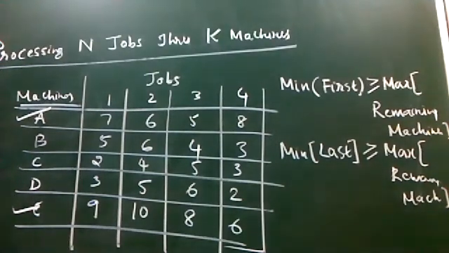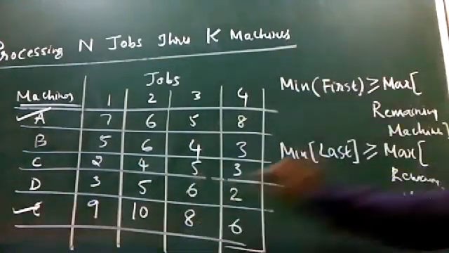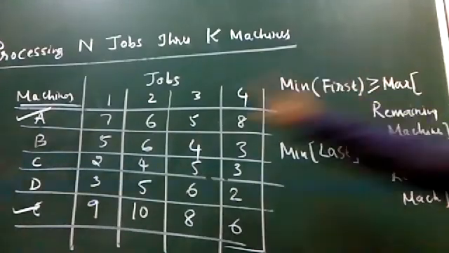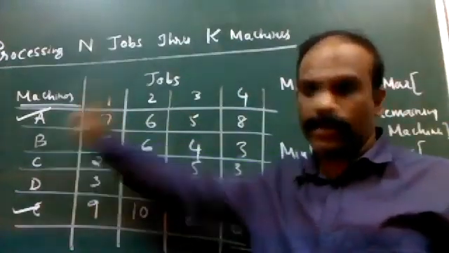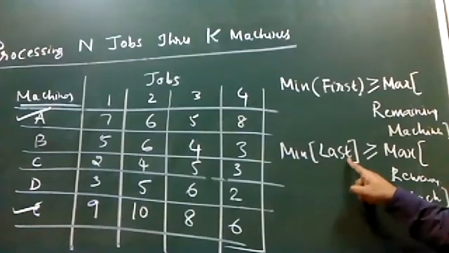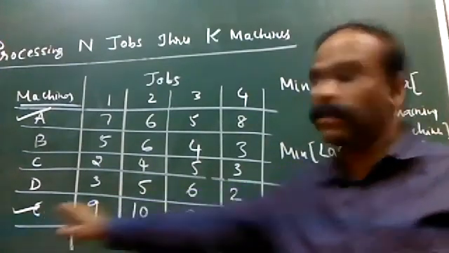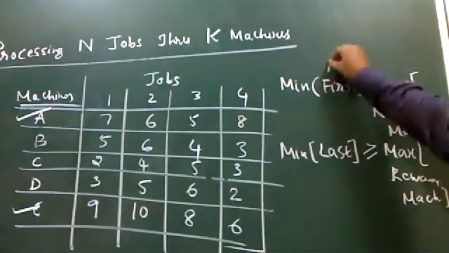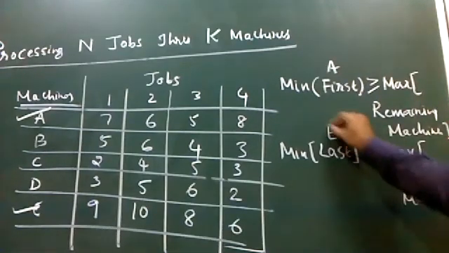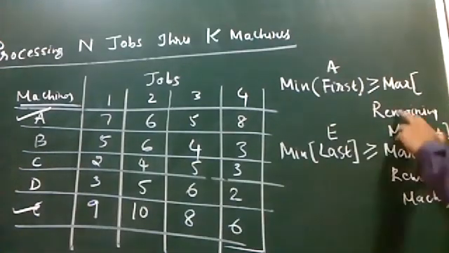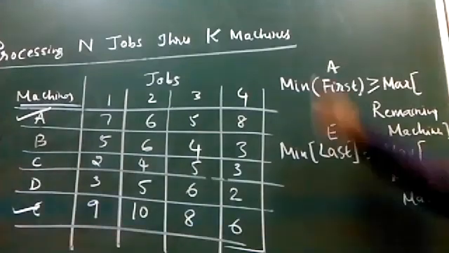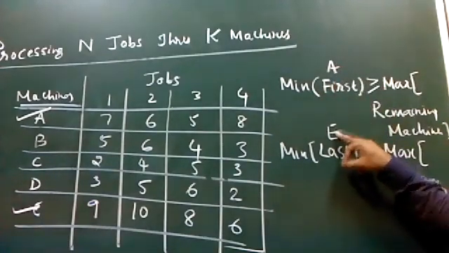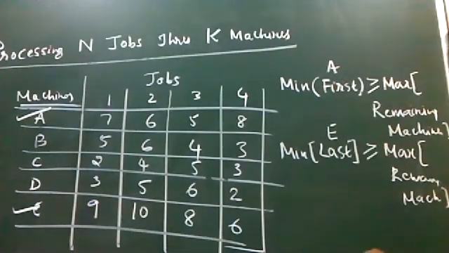Now how do we substitute or try to understand this rule? Please understand it very clearly. As far as this question is concerned, the first machine is your machine A, correct? And what is your last machine? The last machine is machine E. Now what do you mean by remaining machines? Leaving the first and last machine, whatever machines are left in between all come under remaining machines.